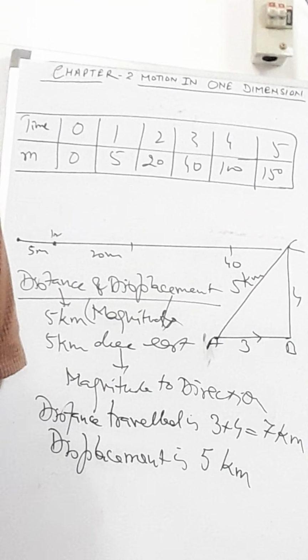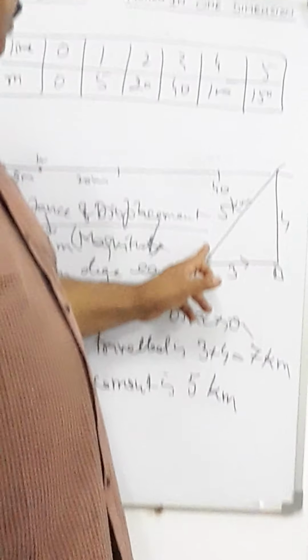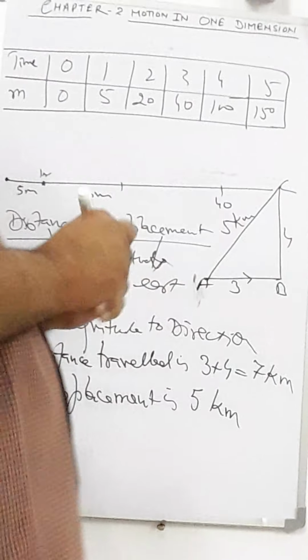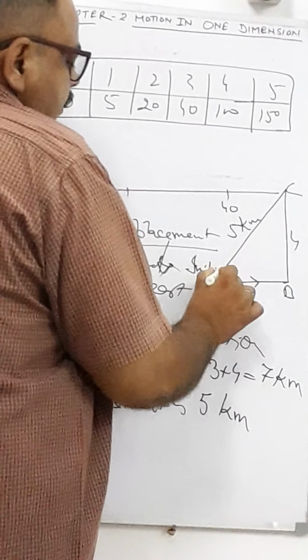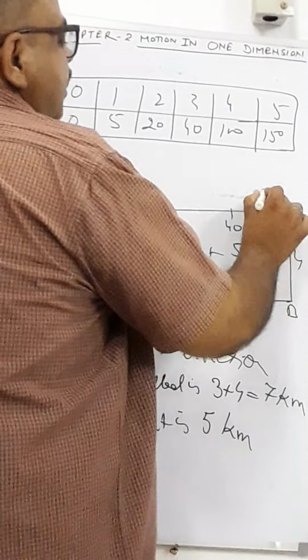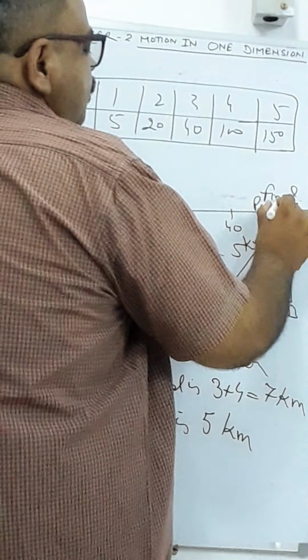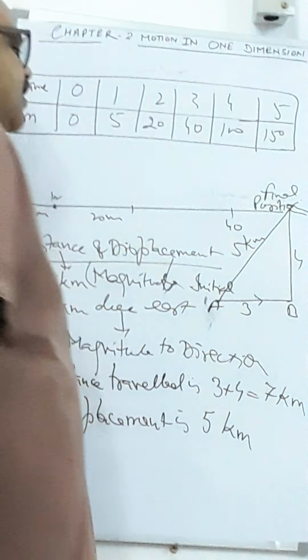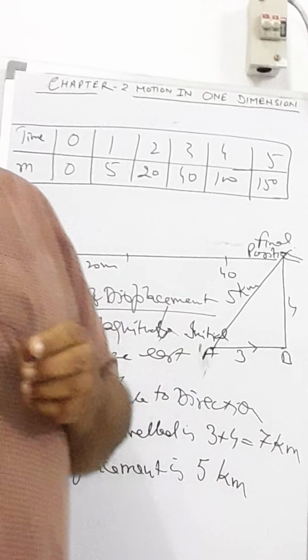It is the shortest distance between the initial and the final position. This was the initial position, and this was the final position. The shortest distance I have called displacement, as opposed to the distance travelled.